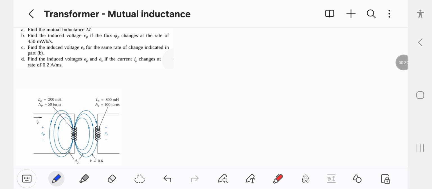So to find the mutual inductance, we have several formulas. In the first case, if we are going to find the mutual inductance, we got a formula.